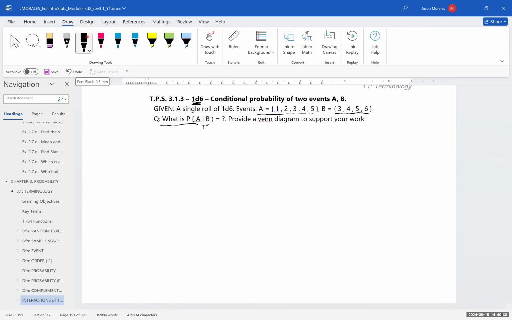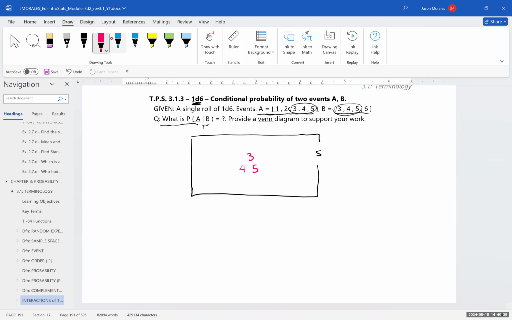Okay, so let's go ahead and start with this Venn diagram. So I'm going to go ahead and start with the sample space, kind of drawing that in. And in drawing this Venn diagram, it's going to be helpful to see which numbers are common. So event A has 3, 4, and 5 in it, and event B has 3, 4, and 5 in it. So let's see here. Event A is going to be sharing 3, 4, and 5 with B, and it's got 1 and 2.